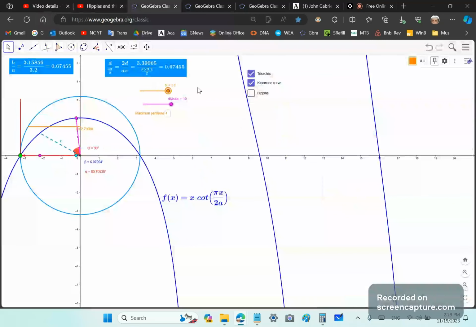If we want more parts, say 7 parts, let's do that now. 1, 2, 3, 4, 5, 6, 7. As you can see, we can divide.